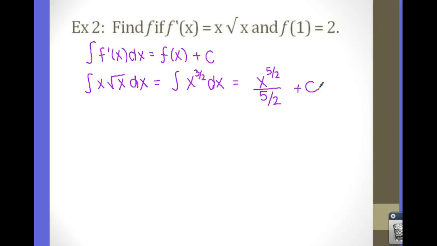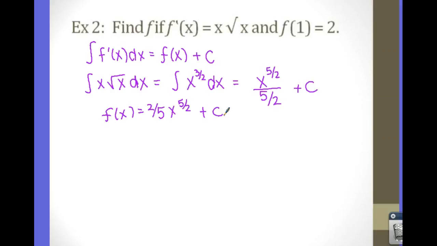This function is representative of f of x. We can flip the denominator so that f of x equals 2/5 x to the 5/2 plus c.